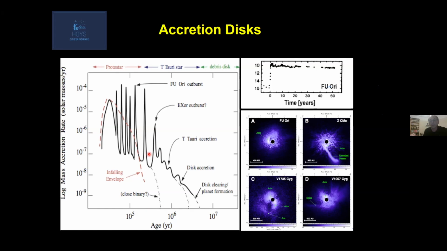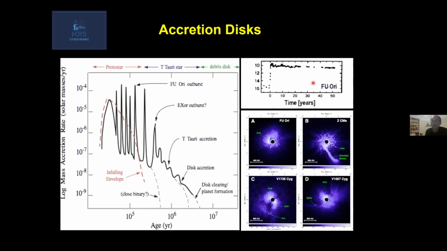It might even evaporate all the dust grains. So if you don't know how many of these very strong bursts you get, that might actually completely evaporate the inner part of all the accretion disks, and then it gets increasingly hard to make things like rocky planets in the inner accretion disks. So we need to find out statistically what this curve really looks like. On the right, on the top here, this is one of those outbursts from F.U.